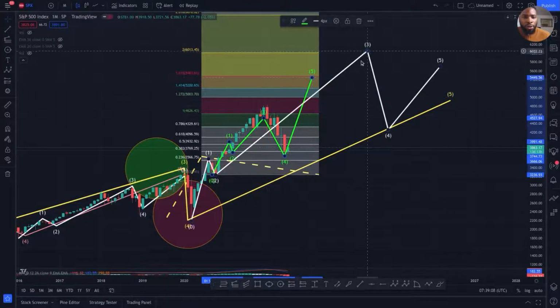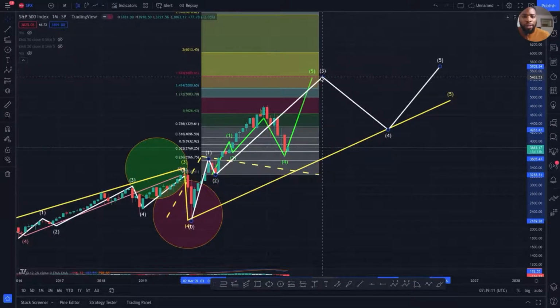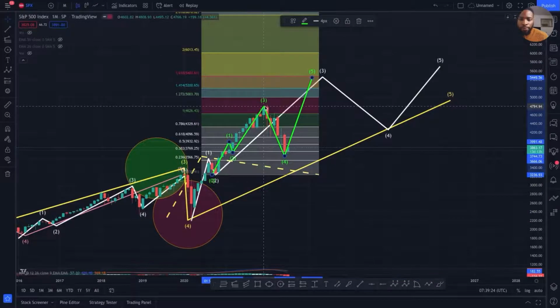So like I said, if you can get a 5-wave pattern within this level of 1, then the third wave has ended. But we couldn't get a 5-wave pattern within this. Instead, the third wave ended at this region. So this is the third wave. It ended at this region. So we are currently in the fourth wave pattern.